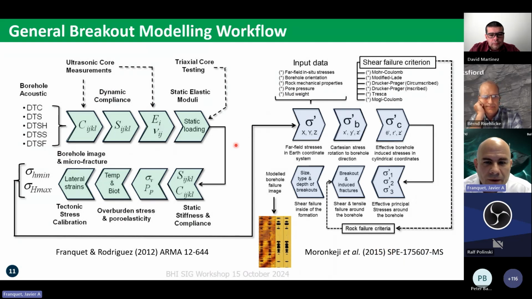On the left-hand side is how to get the horizontal stresses by depth, and on the other side are the borehole-induced stresses, the two rotational transformations, and the shear failure criterion, essentially getting the breakout simulation, like in this case.